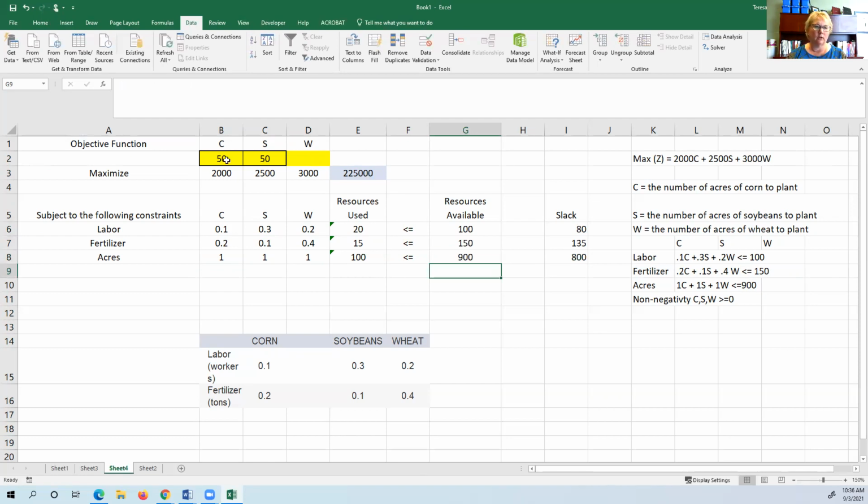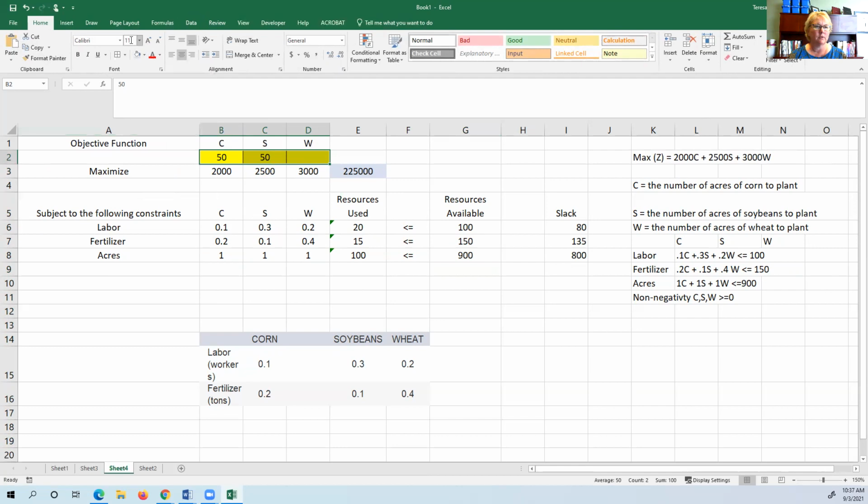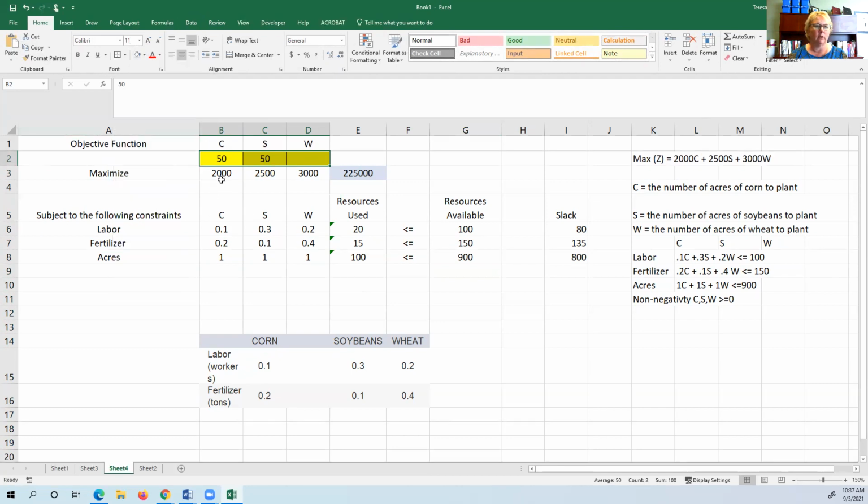So just to do the quick check, I should come back to my changing cells and test out, well, what if I only produced 1 acre of corn and nothing else? I should see 2,000, 0.1, 0.2, and 1, and I do. And what if I only produced 1 acre of soybeans? I should see 2,500 in profit, 3/10, 1/10, and 1, so that all looks good. And 1 acre of wheat says 3,000.